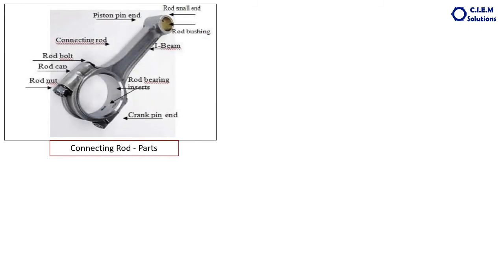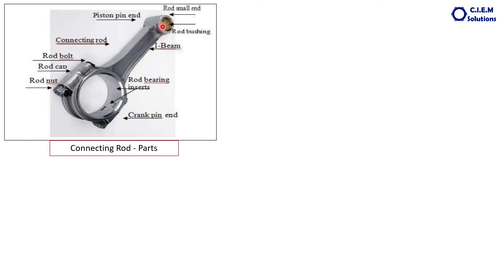Now let us discuss one more important part, that is the connecting rod. Piston rings are over. Now this is about the connecting rod. The job of the connecting rod is to connect the piston with the crankshaft.